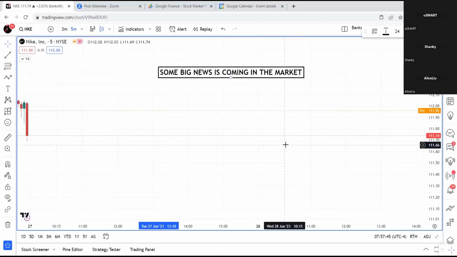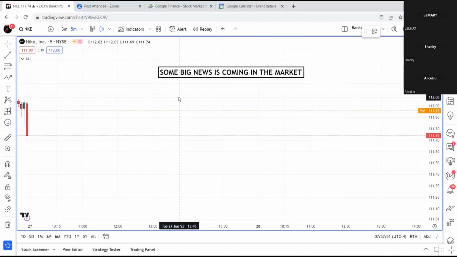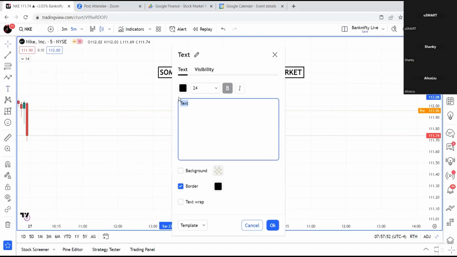So here, I will just prepare you. The same trick you can apply on SPY, because SPY is traded all over the world, it is the most traded, and it is just like an index.